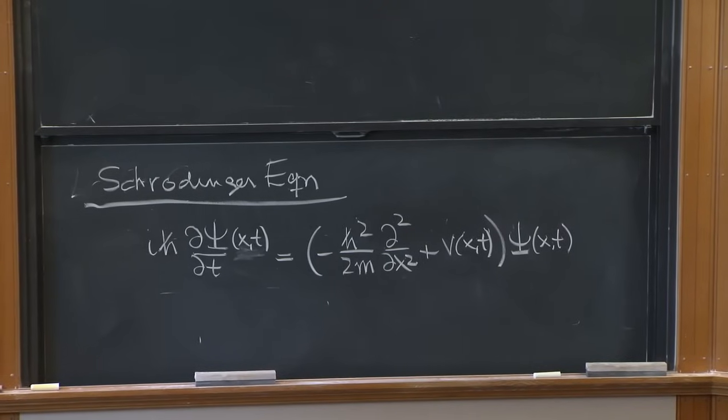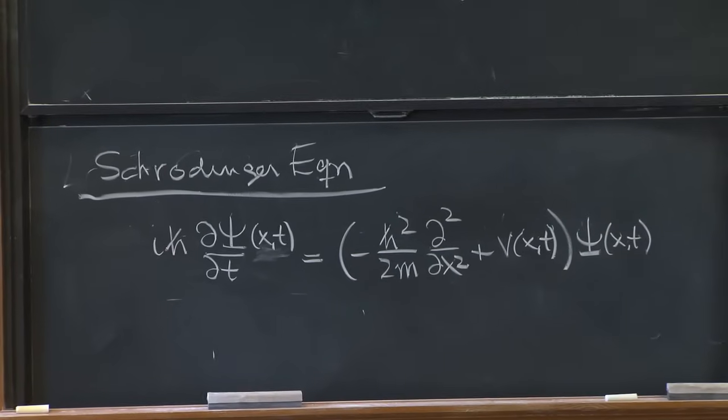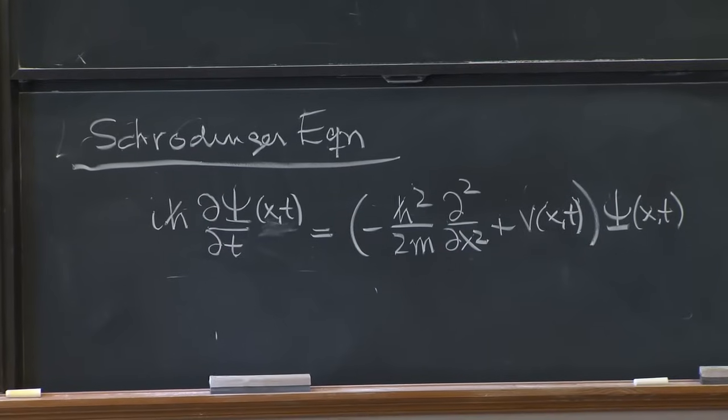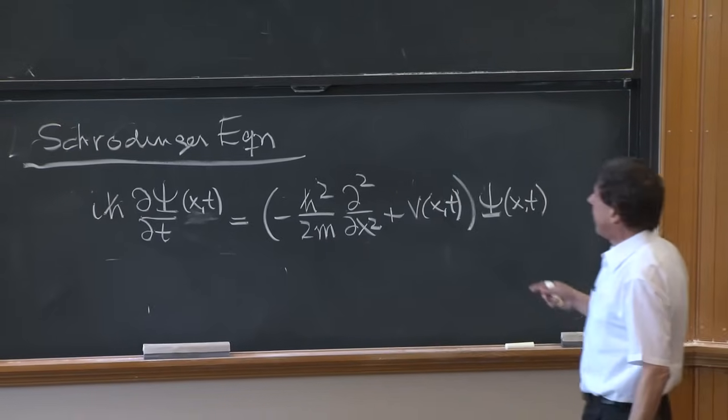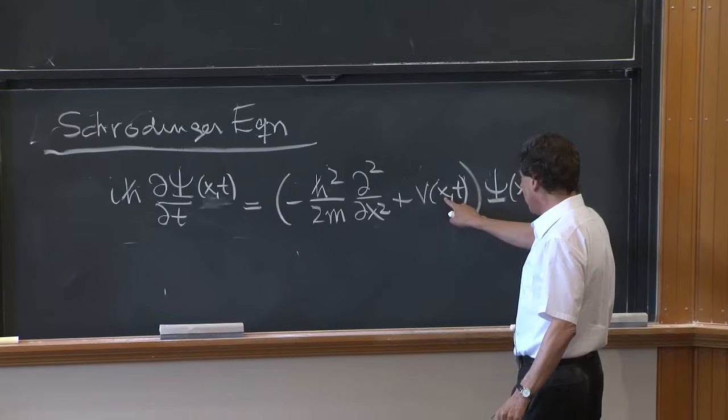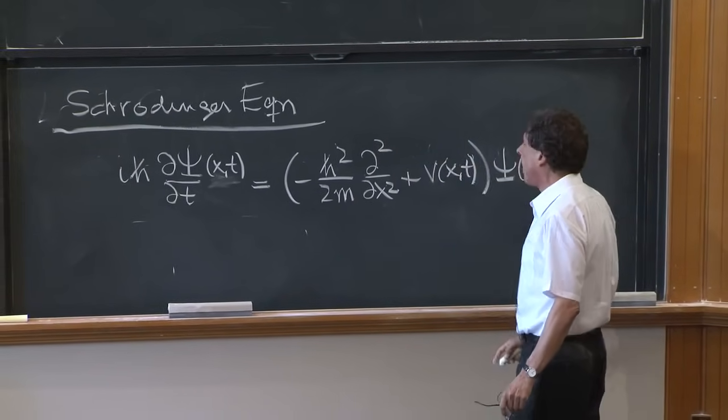That's the Schrodinger equation. Now, actually, this is not the Schrodinger equation in most generality, but it's a Schrodinger equation for the case that you have a potential that depends on x and time.